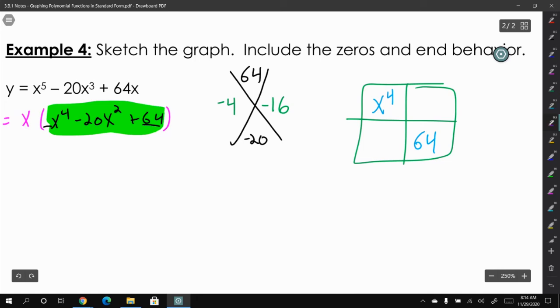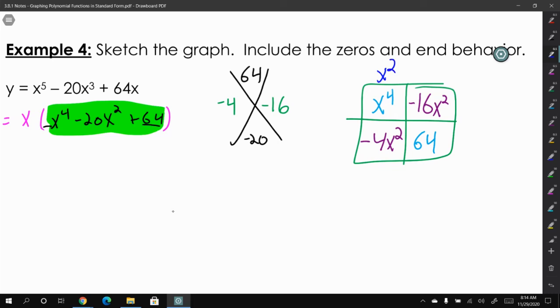And then we'll have negative 16x squared and negative 4x squared. And just like when we factored before, you could switch the location of these two, and it would still give you the same answer. So then we look at the first column and say, what is the GCF of that first column? It's just x squared.